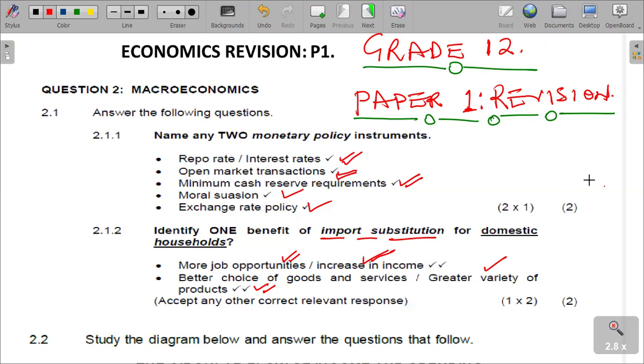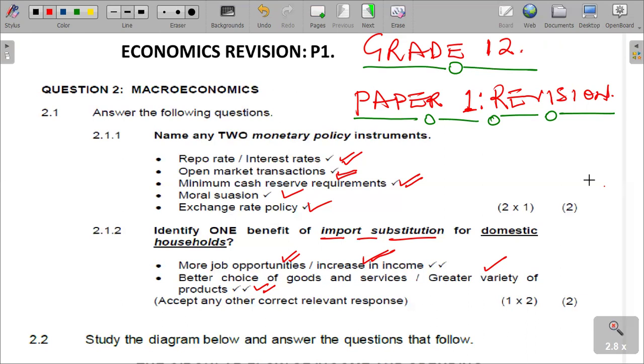Understand again the open market transactions, and understand the minimum cash requirements. There is a certain amount of money which can be set by the Reserve Bank, so that at any given time, a commercial bank must have in its account that cash requirement.